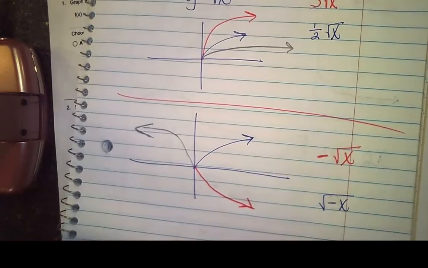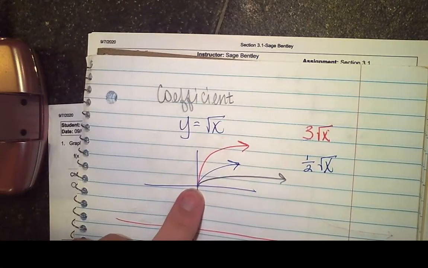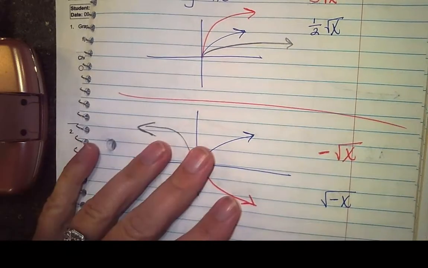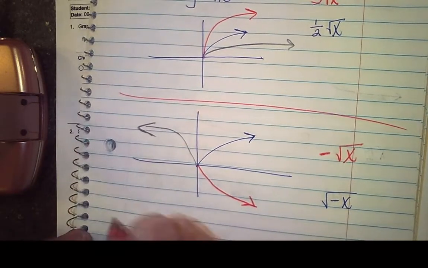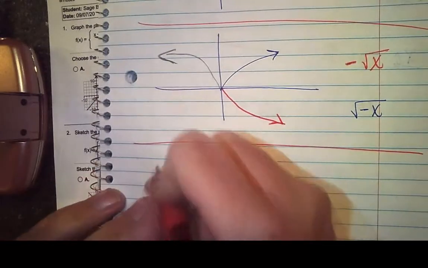The rest of what we're going to do is add and subtract. If you see addition or subtraction, that means it moves. If you'll notice, this thing was always anchored at the origin, okay? In everything that I've given you so far, it's been anchored at the origin. Well, now we're going to add and subtract, which means we're going to move it, okay?